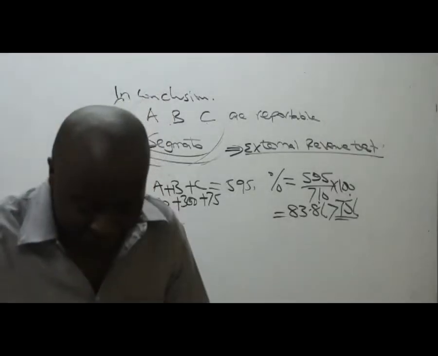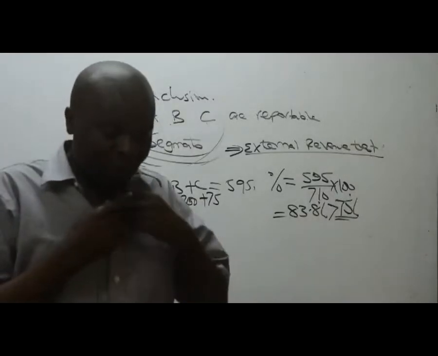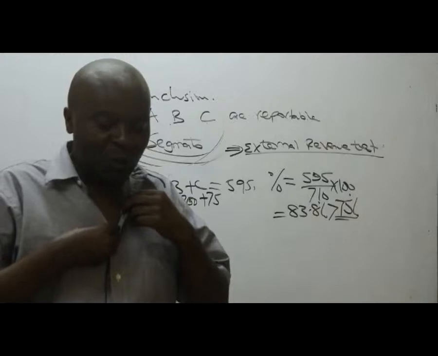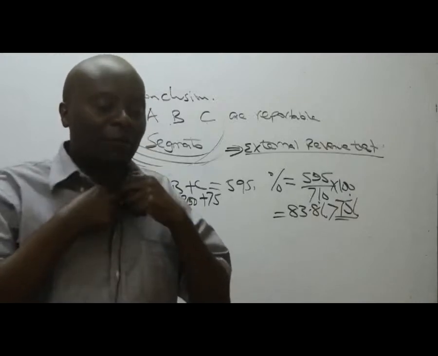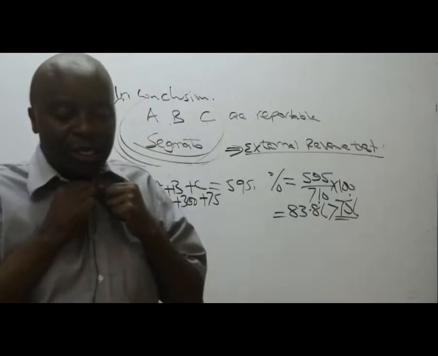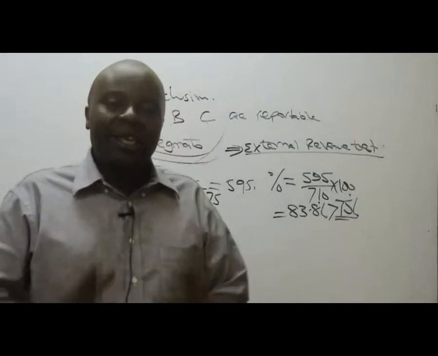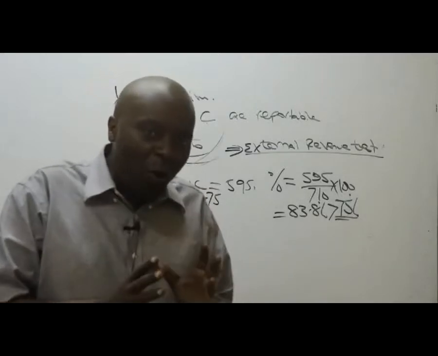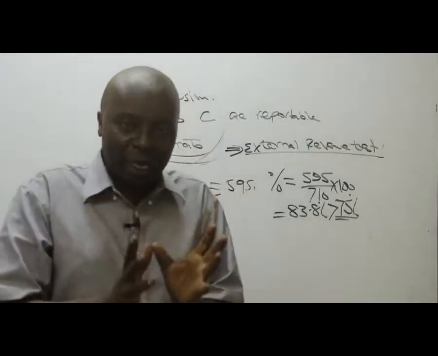Now, ladies and gentlemen, we've come to the end of that particular presentation. I'm sure you must have picked up a few things here and there. The major thing you must have picked out of this illustration is that when you are doing segmental reports, anything that is internal, like internal sales, must be subtracted.